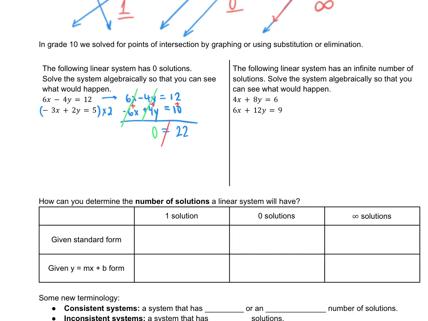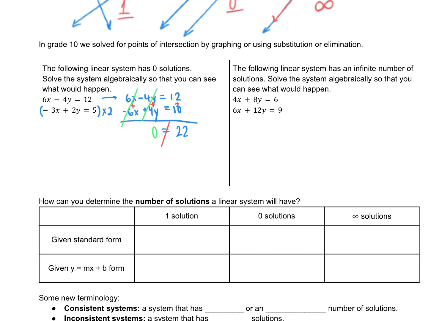And if I were to take my original equations here and rearrange them, put them both into y equals mx plus b, I would end up with both equations having the same slope, but different y-intercepts. So actually, why not do a little refresher on that?